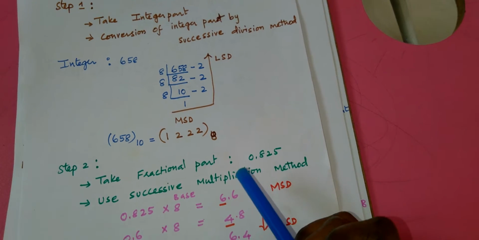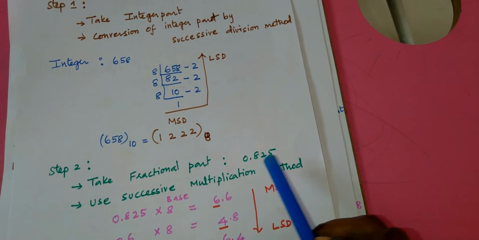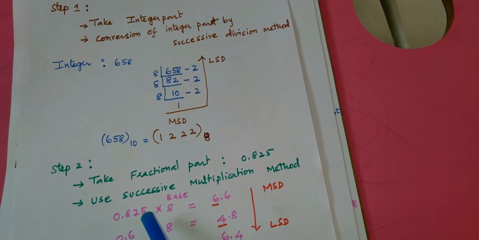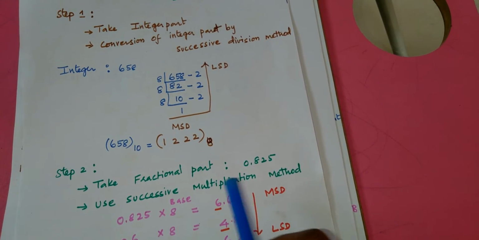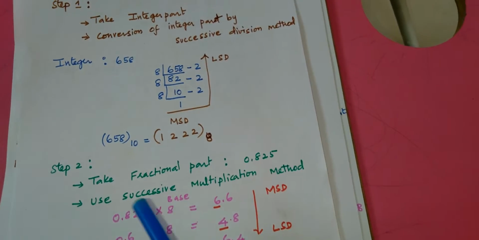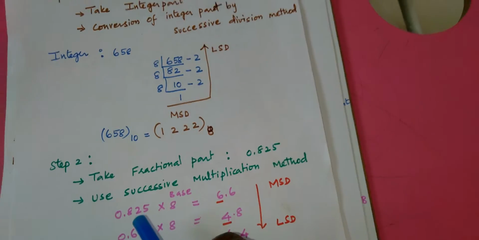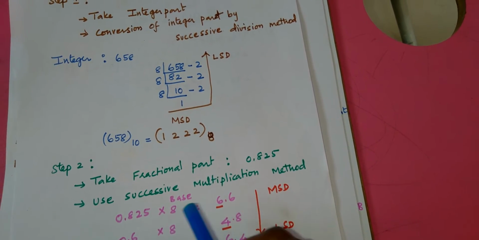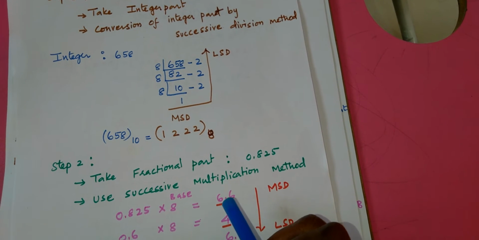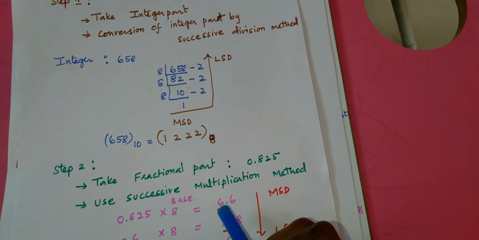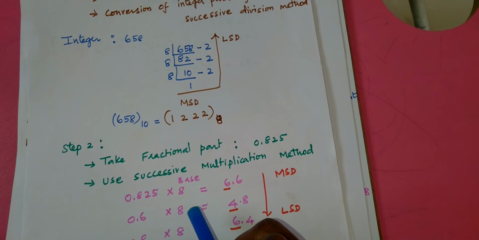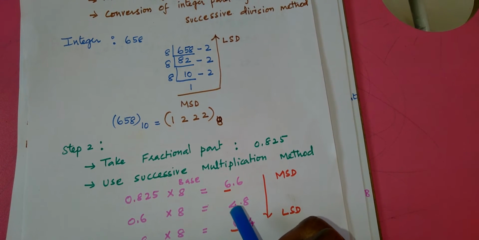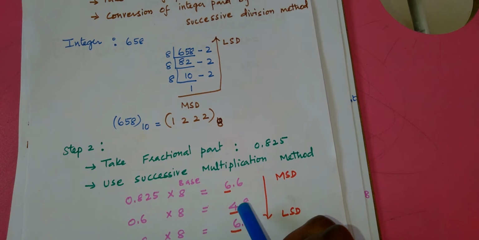Next step, conversion. This is the fractional number, and it uses the successive multiplication method for the conversion. Multiply it by 8 and you will have the answer 6.6. Take the whole number for the answer and the fractional number for further multiplication. It will have the answer of 4.8.